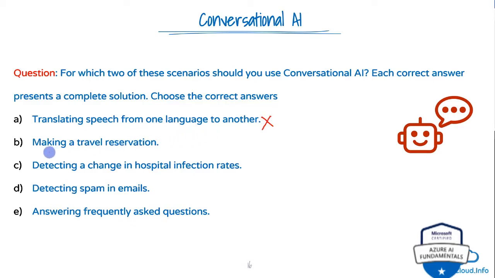The next option is making a travel reservation. As I just said, the AI agents, the bots, engage in conversation or dialogue with human users. And bots use natural language processing, NLP, in the background to make sense of human input. A bot can also identify the action a human wants to perform.